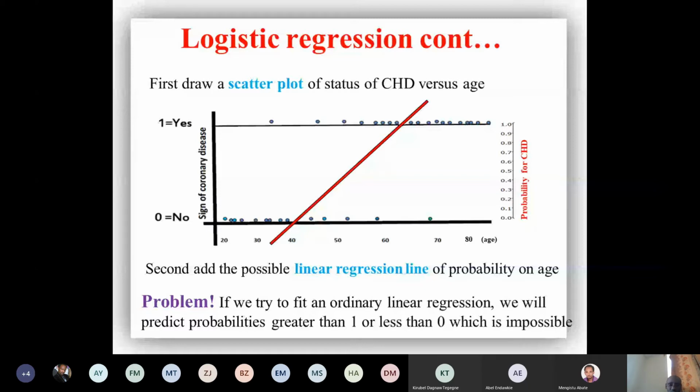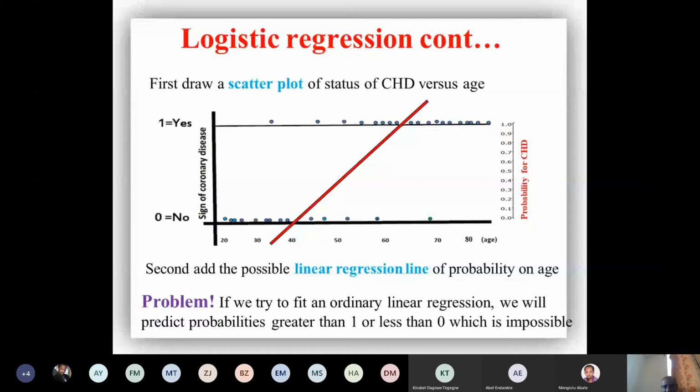So what shall we do? One solution is, rather than dealing with single-age data with binary outcomes, let us group the age data so that we can get proportions or probabilities of success at different age groups. Previously we had single ages, 20, 21, etc., up to 81.